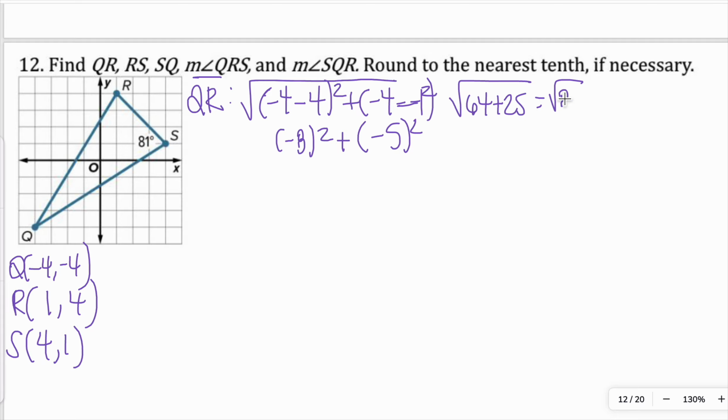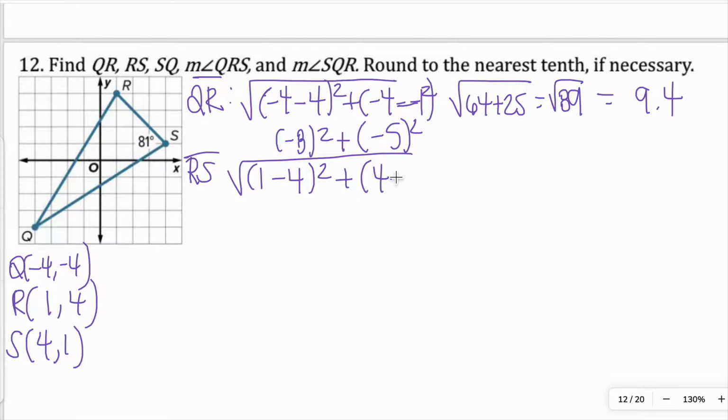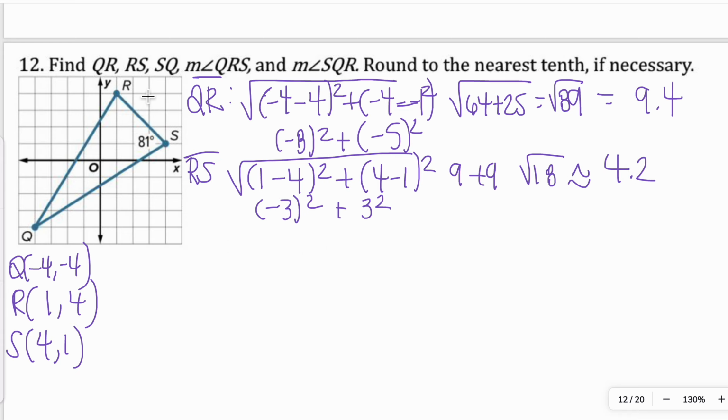That's going to give me the square root of 89, which is about 9.4. Then I found the length of RS. I did 1 minus 4 squared plus 4 minus 1 squared, or -3 squared plus 3 squared, which is 9 plus 9. I'm going to get the square root of 18, which is about 4.2. So RS is 4.2, and QR is about 9.4.